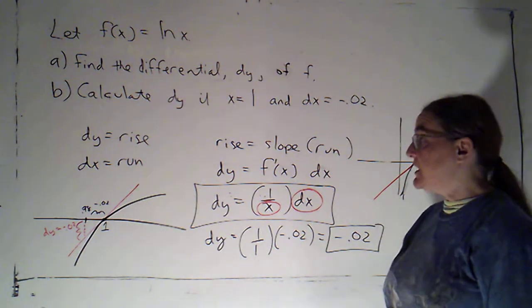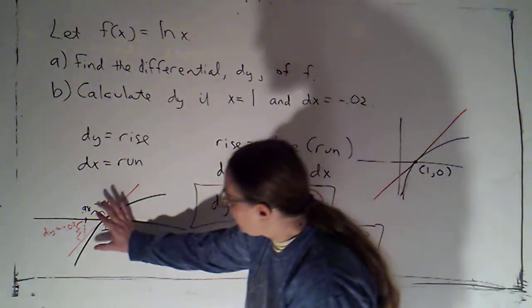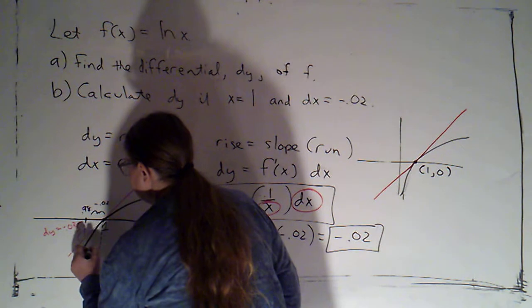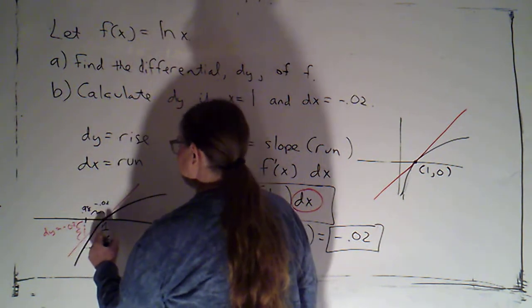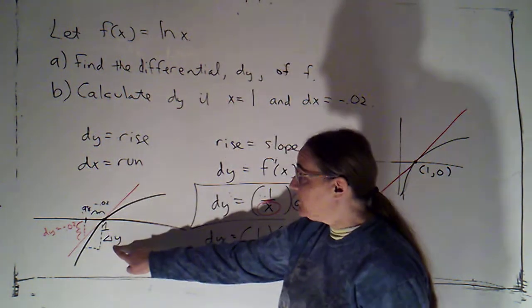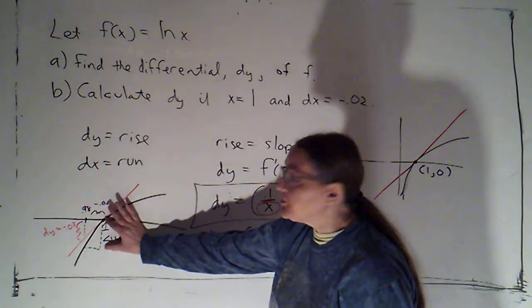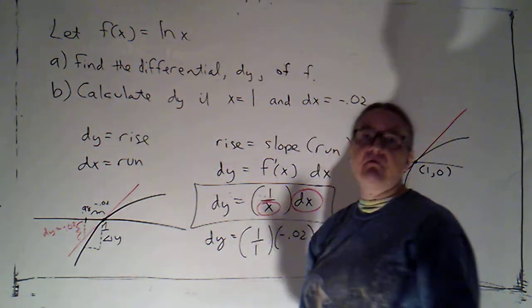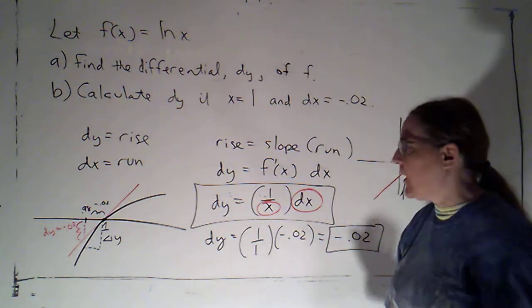Where that might be useful is if I wanted to estimate this vertical distance. This would be delta y. That's the vertical change on the function. So I know what the value of the natural log is at 1.